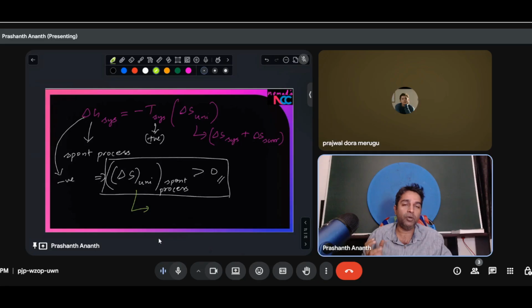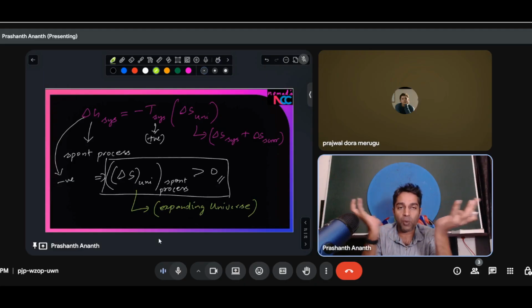What is the freedom associated with the universe? In some way or another, the number of accounts into which energy can be stored has to be increased continuously. This basically also translates into our expanding universe. Think of the universe itself as one system.